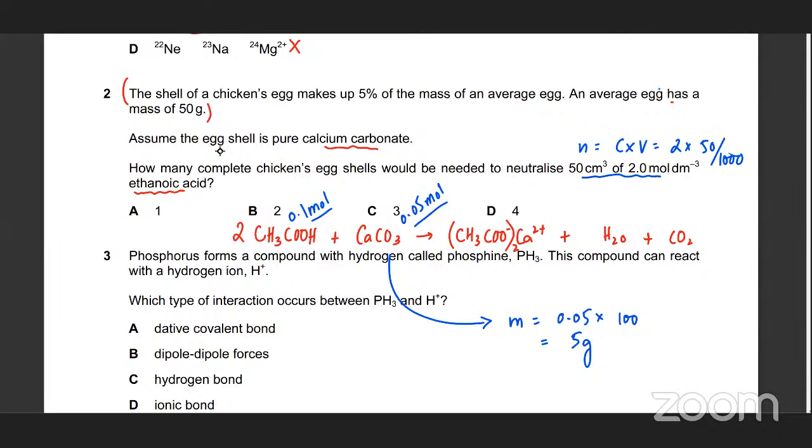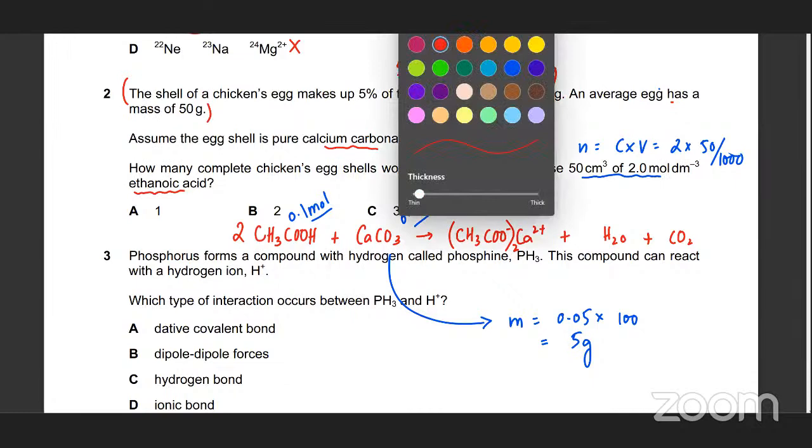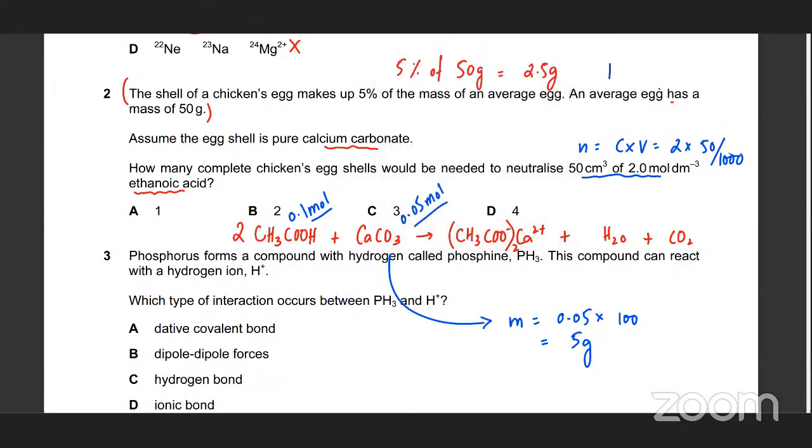What's 5% of 50 grams? It is basically 2.5 grams. So that's the amount of calcium carbonate that's present in one egg. Right? That's the meaning of the first statement.